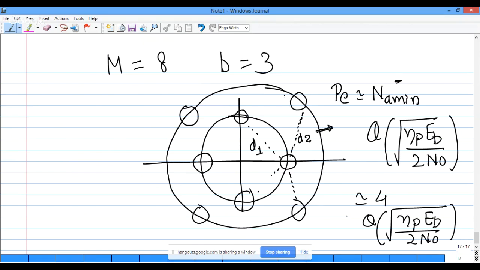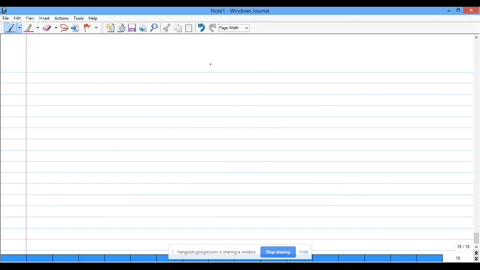Hence the optimum value of power efficiency for this constellation is obtained when d2 is the same as d1. This is the condition for optimum power efficiency. Now, if we understand that, then using geometry I can find d1 and d2.